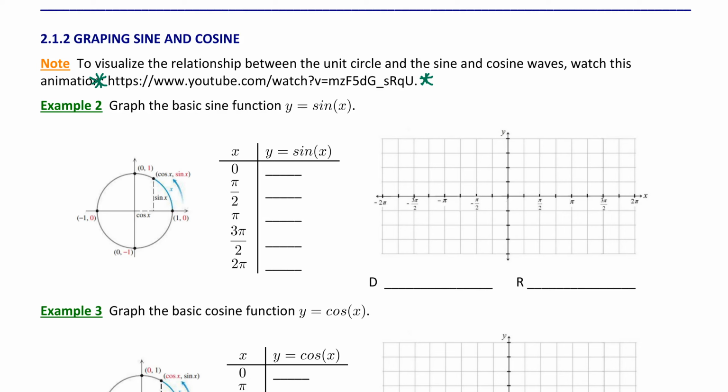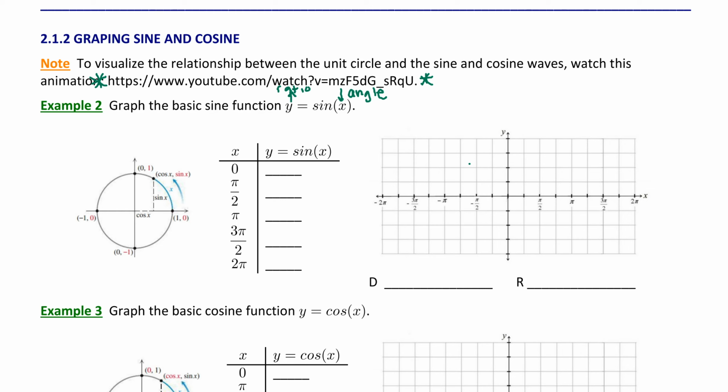Now, let me make a comment here about the input and output of this function. The input to a sine function is an angle. There's no surprise there. The output of a sine function is a ratio. We learned in chapter 1 that sine represents the ratio y divided by r, and we have just refined that definition to sine of x equals y, or sine of the angle alpha equals y.